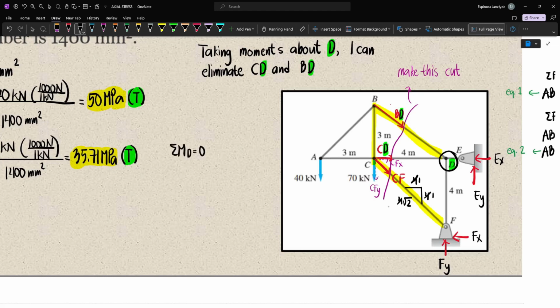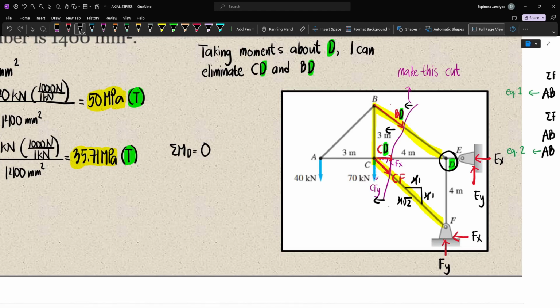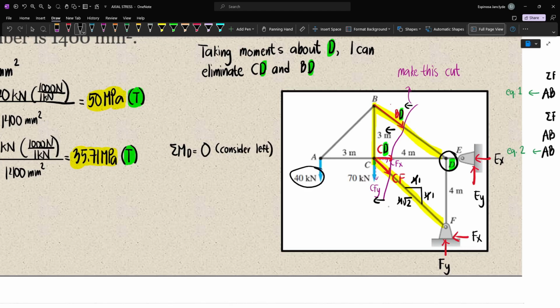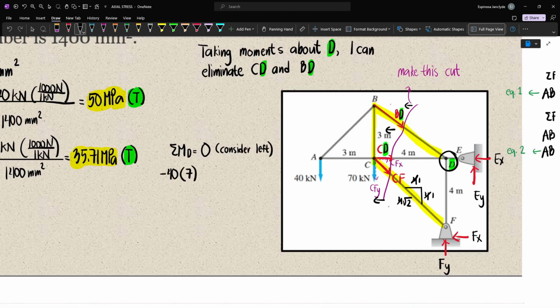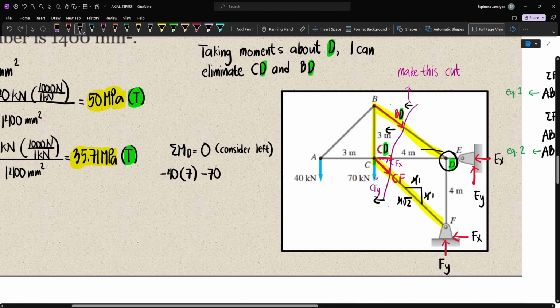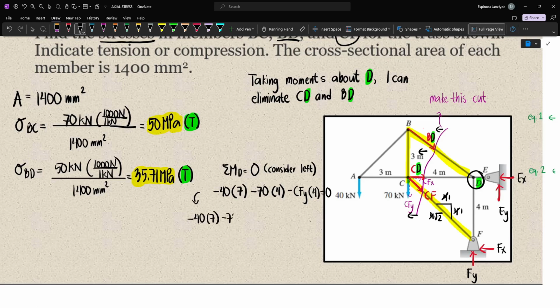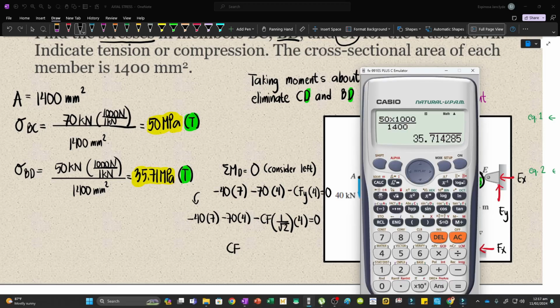Taking moments about D, we have minus 40 times 7, because it will cause a counterclockwise rotation about D, and then minus 70 times 4, and then minus CFY times 4, and that's equal to 0. We know that CFY is just CF times 1, which is the vertical component, divided by the hypotenuse, which is square root of 2.